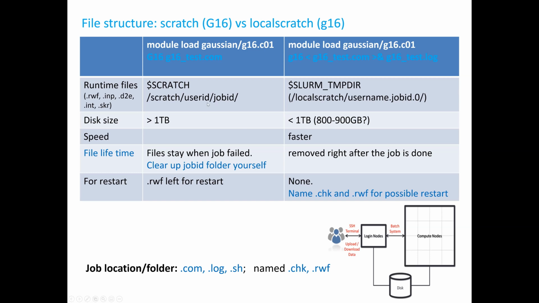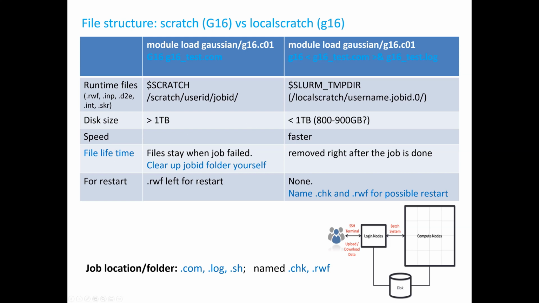In that case, G16 will be your only option. So we talk about that your read-write files are saved there, because all the runtime files are basically the size of your read-write file.